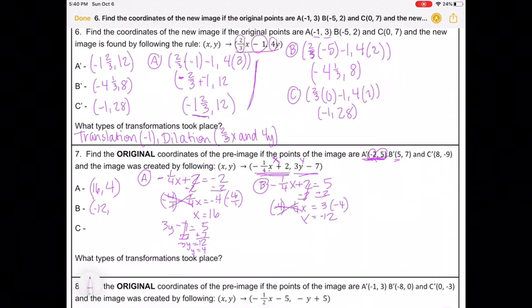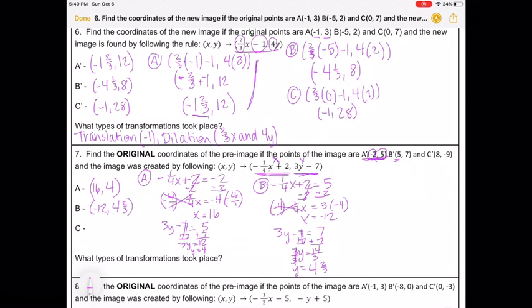Same thing with y, but I'm using the other side. So 3y minus 7 equals 7. Okay, add 7. 3y equals 14. Divide by 3. Okay, and that gives you y equals 4 2/3.